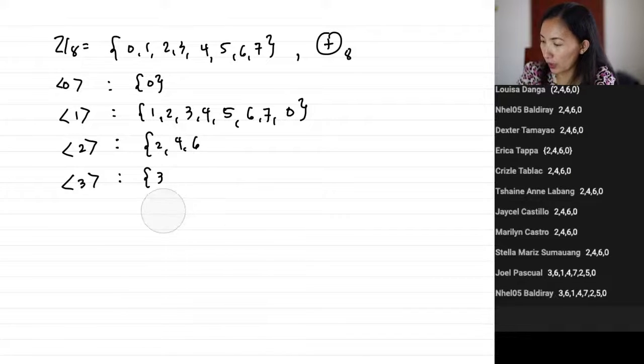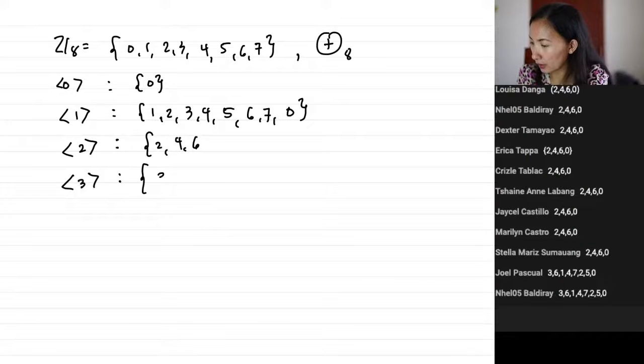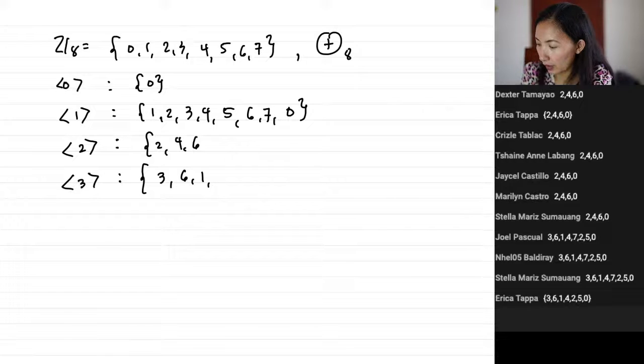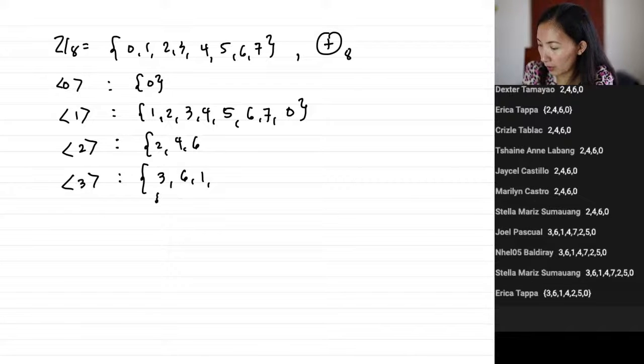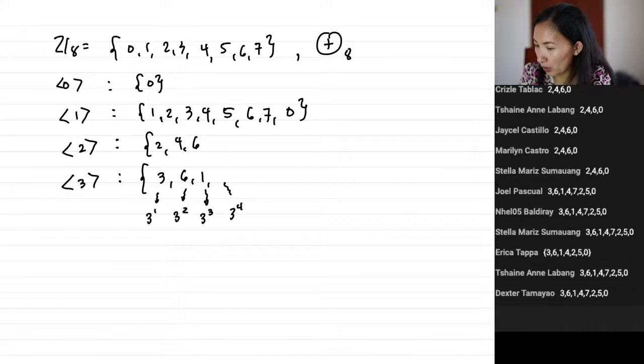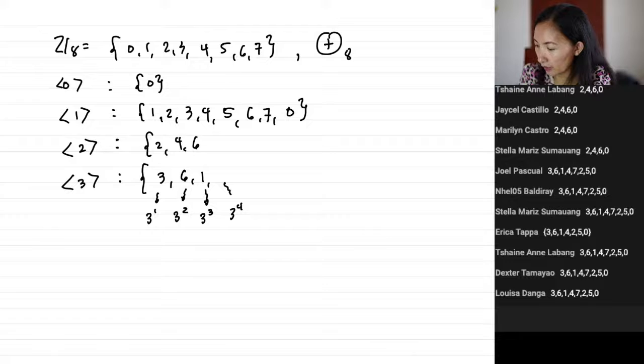Let's go once more. Okay, 3, 6, 1. Ito, this came from 3 raised to 1. This came from 3 raised to 2. This one from 3 cubed, that's 9. And then this one from 3 to the 4th, 12, modulo 8 is 4.